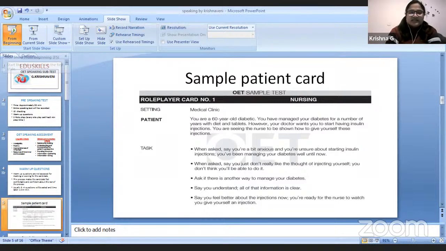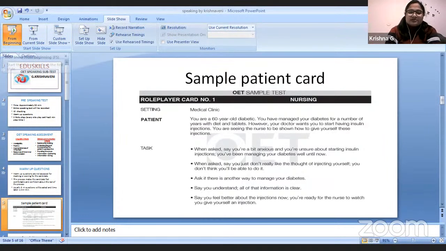And the task has been given like when asked, say you are a bit anxious and you are unsure about starting insulin injection. You have been managing your diabetes well until now. And the second task is when asked, say you just don't really like the thought of injecting yourself. You don't think you are able to do it.